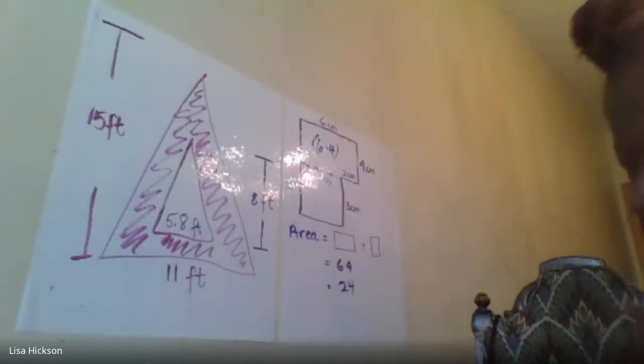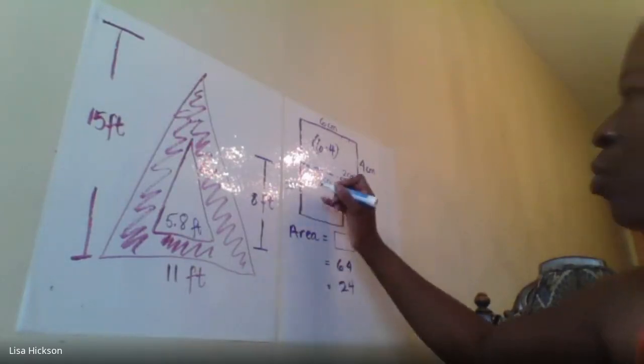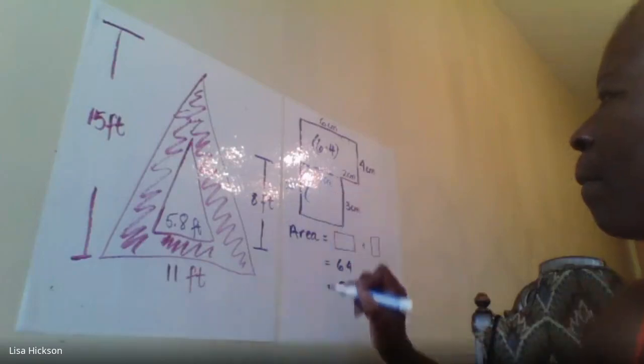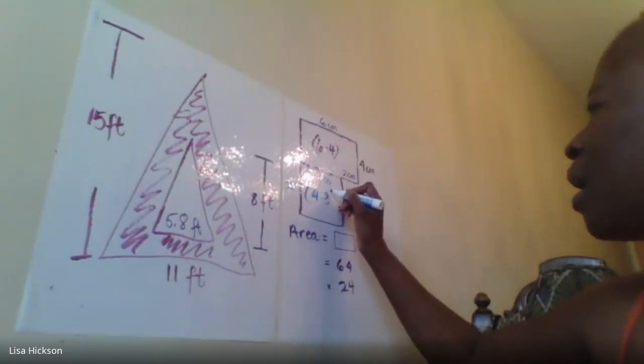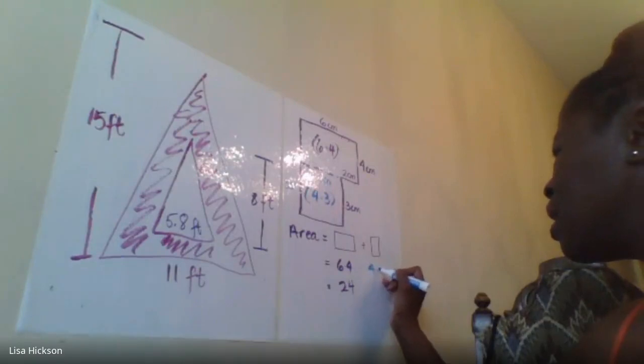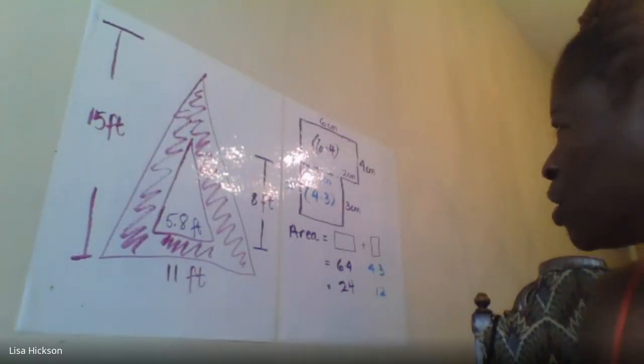Now what about the little piece? It's a rectangle too. What's length times width? Four times 3 is 12. Okay. Yes. All right. So what is 24 plus 12?